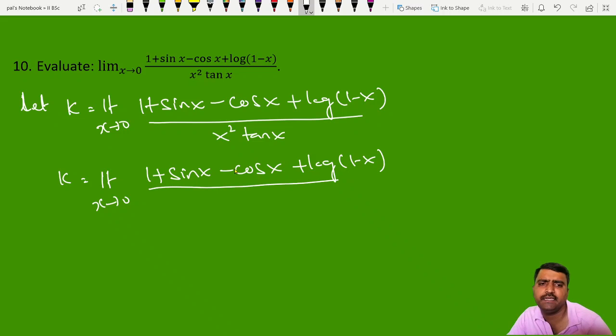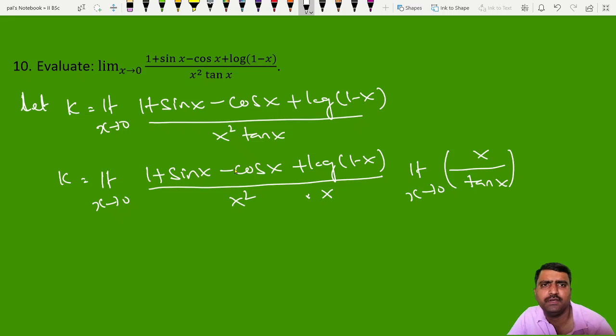In the denominator you write only x square here, and separately apply the limit to this 1 by tan x. Here I am applying a separate limit to tan x. So put one x in the numerator, and to balance this, put another x in the denominator. So the limit of x by tan x is 1, because limit of tan x by x is 1.